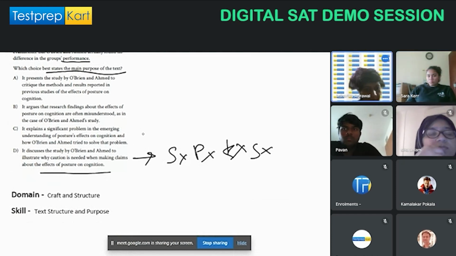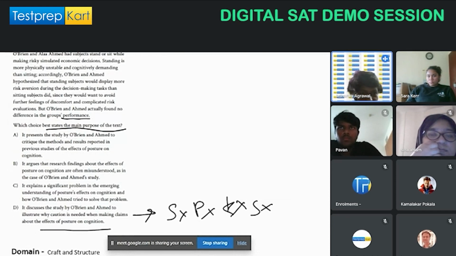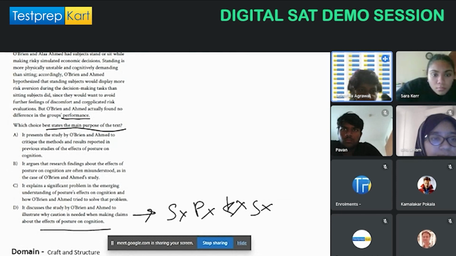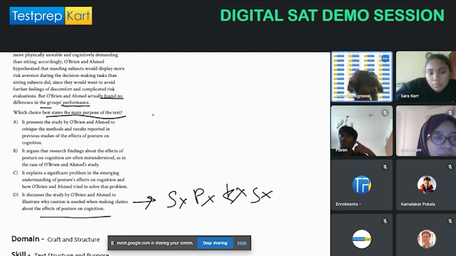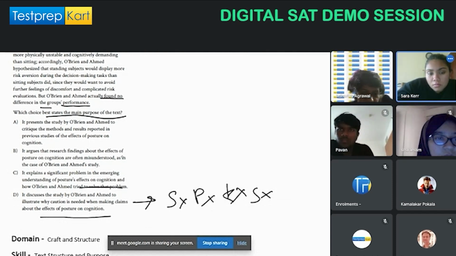But I didn't find anywhere that they tried to solve the problem. They were just researching, and at last they saw no difference in the group. So where did they solve the problem? They didn't solve it. Okay.